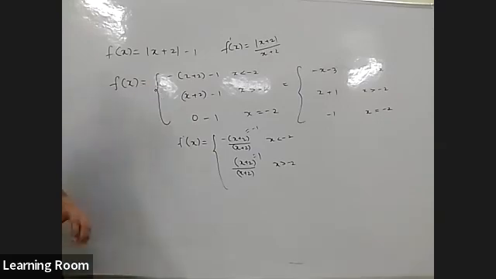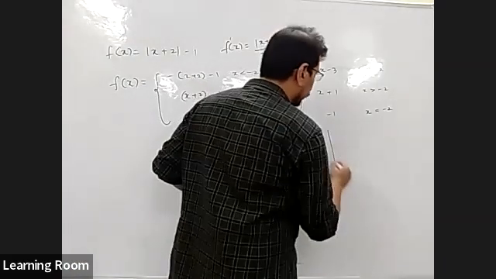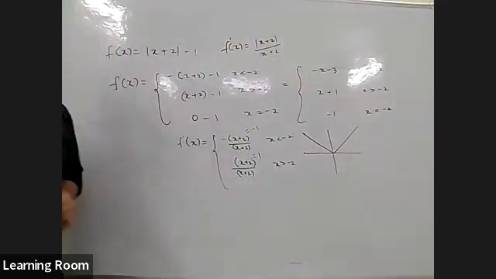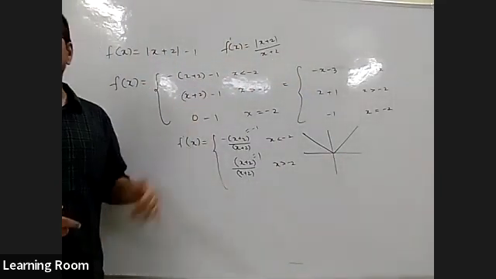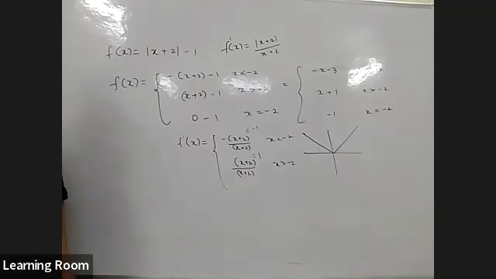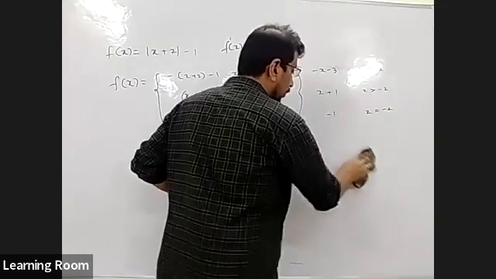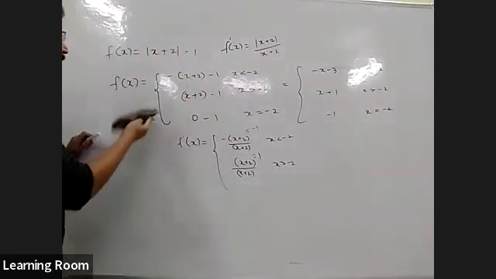So generally, if you look at the curve, this is the graph for mod x, right? So mod x plus 2 minus 1 will get shifted.